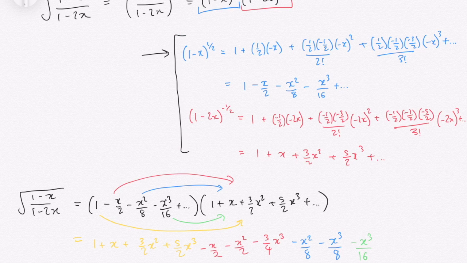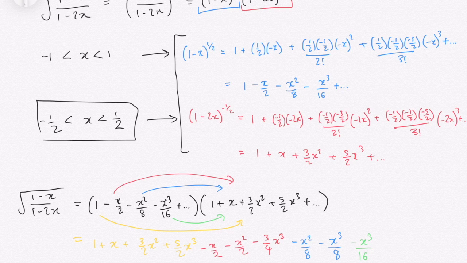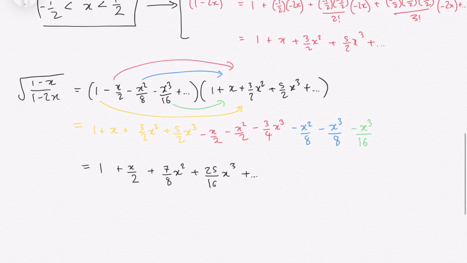This first expansion is valid when x is between -1 and 1, but this second is valid when x is between -1/2 and 1/2. So we want the more strict requirement here, because we need both expansions to be valid, and the more strict requirement is that x is between -1/2 and 1/2. So this expansion is valid when x is between -1/2 and 1/2.